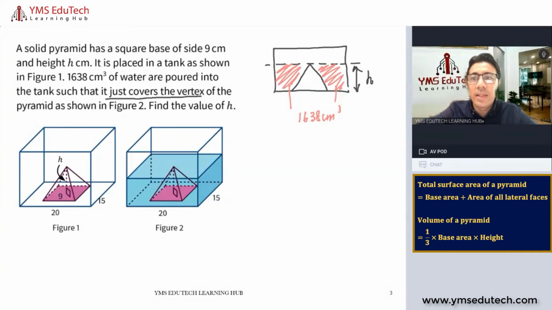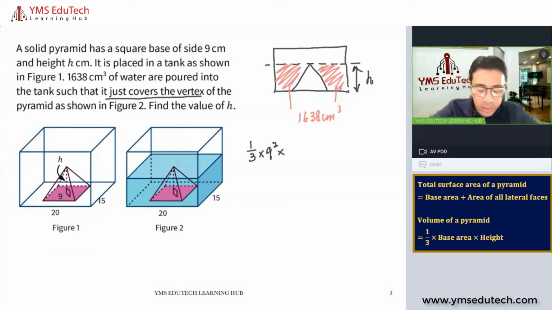What we can do is try to find an expression for the total volume of water and the pyramid. What's the total volume of the water and the pyramid here? So the pyramid has a volume 1/3 times the base area 9 squared multiplied by height, plus the volume of the liquid, 1638.